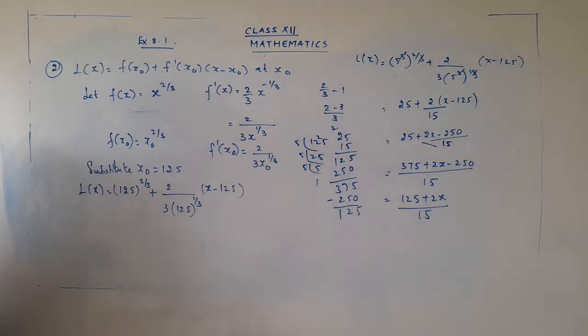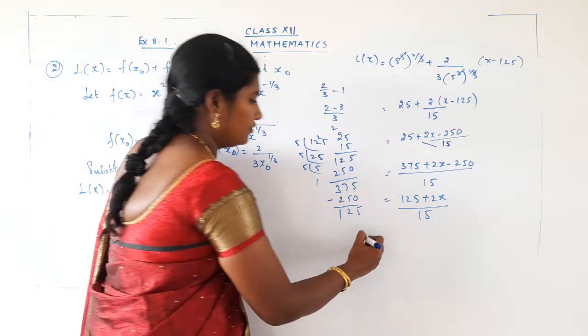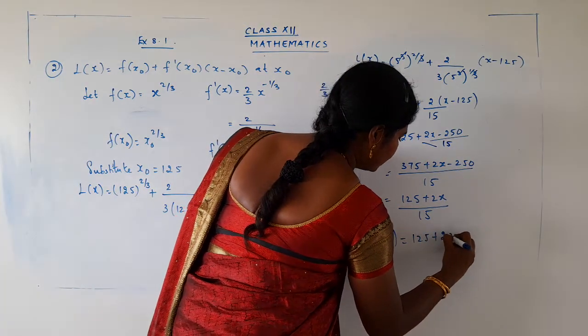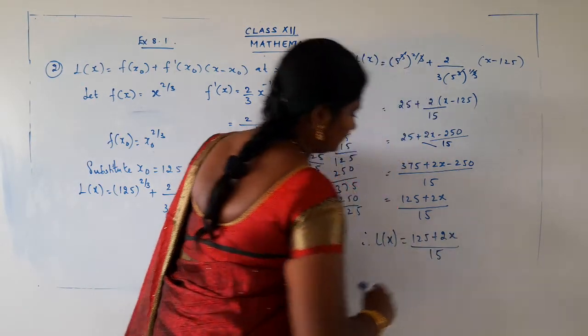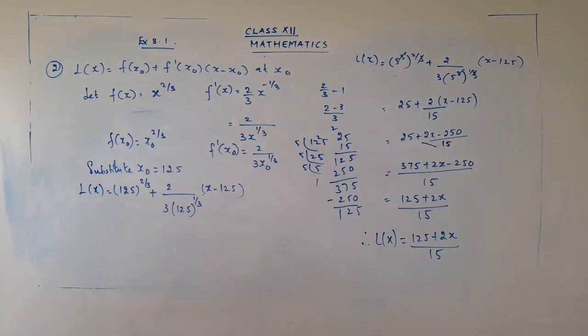So this is the L of x. Therefore, L of x is equal to 125 plus 2x upon 15. This is what I get, the complete L of x.